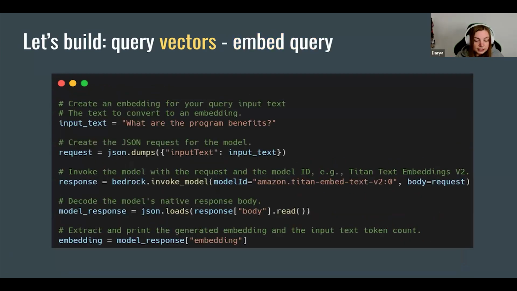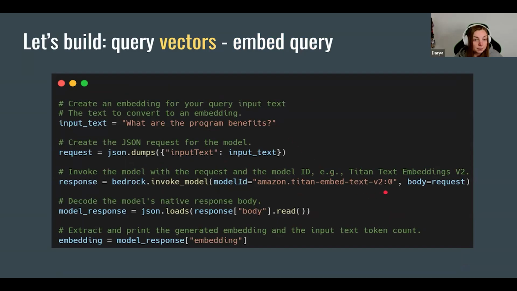So they are inserted. And now I want to know what the program benefits are. And you can see that my question is program agnostic. I can ask about any program. To query my vectors, I need to first transform this sentence.